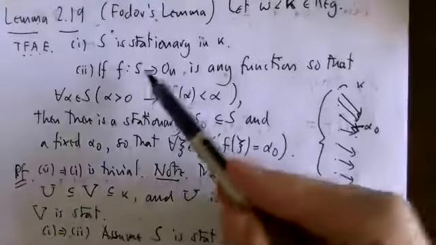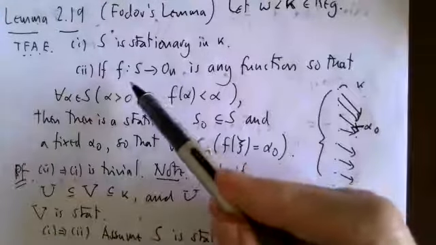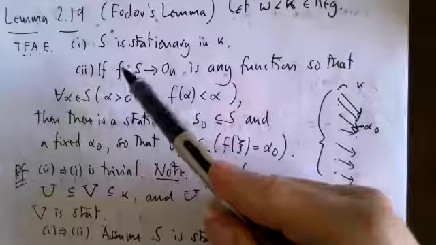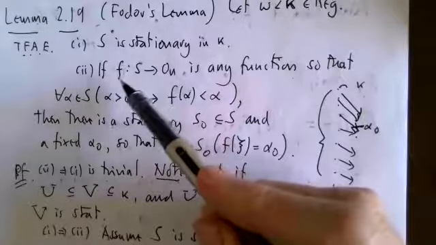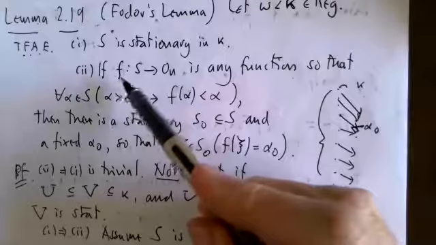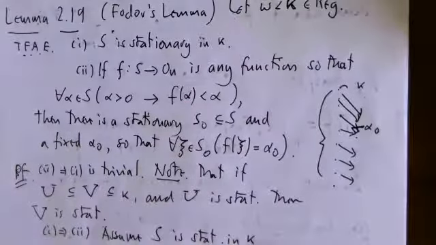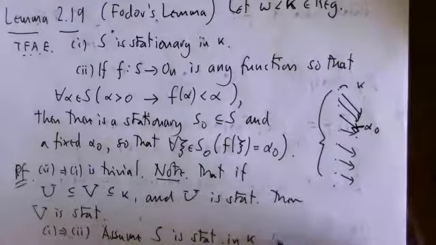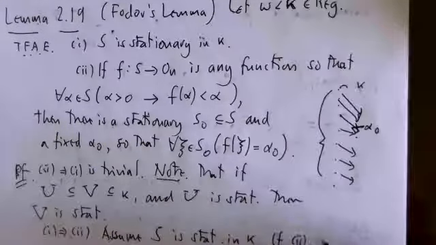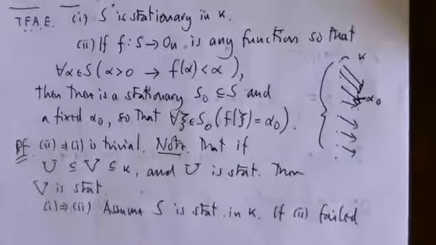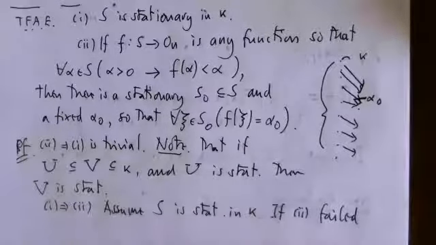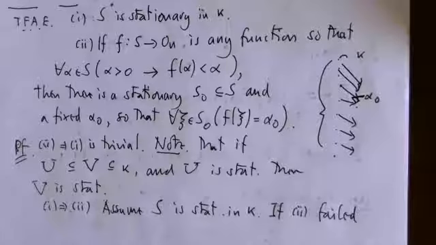Now suppose 2 failed, for a contradiction. So there'd be some function which didn't have these properties. So we assume 1 and see what happens when 2 is assumed to fail.